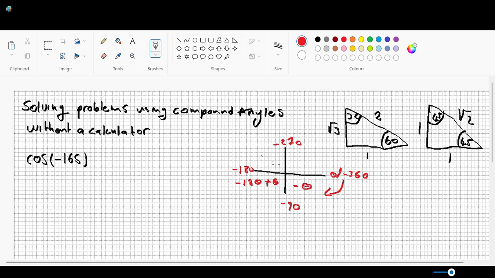Alright, and then the second quadrant, when you go backwards, is negative 180 minus theta. And then the first quadrant, when you go backwards, negative 360 plus theta. So this is how we do it, guys, as compared to the time whereby we go forward, this is how we actually do it going backwards.